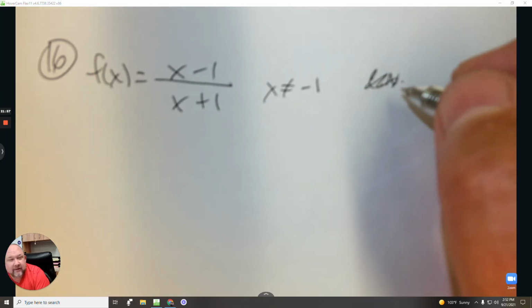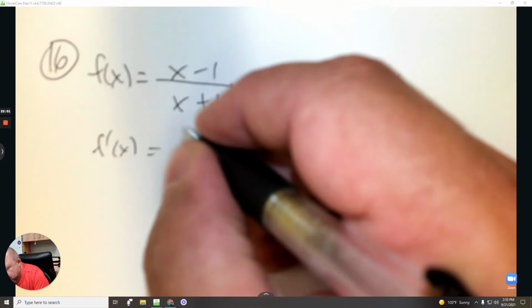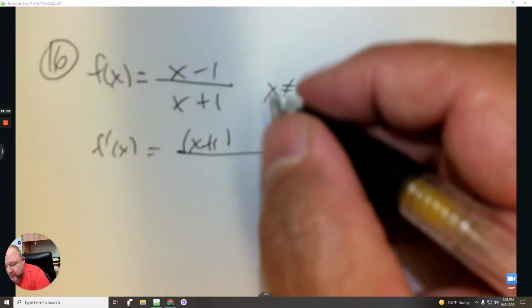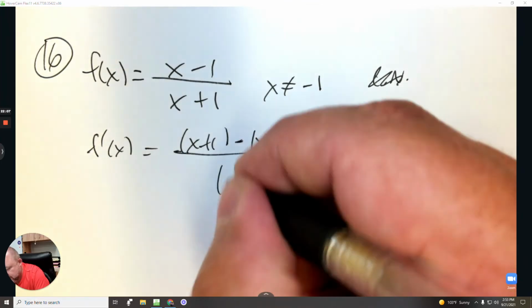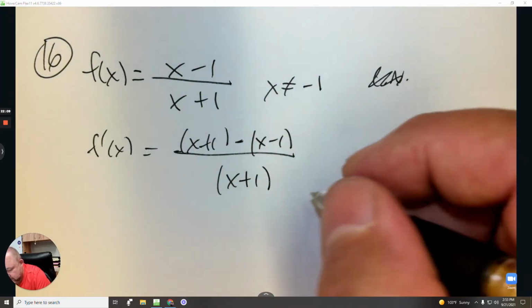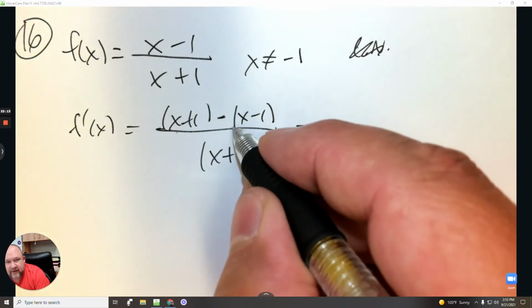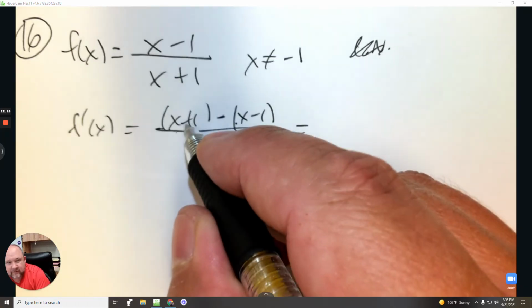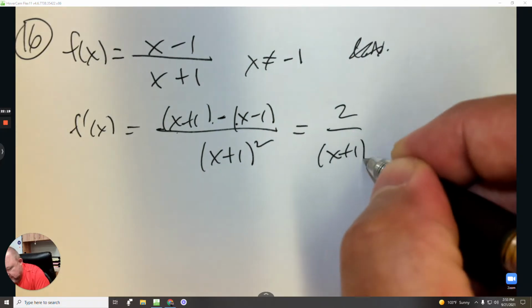Well, it's not. It needs to be on my number line. And then the derivative is the bottom times the derivative of the top, which is 1, minus the top times the derivative of the bottom, which is 1, and then the bottom squared. So x take away x, and 1 subtract -1. So this is what you're left with.